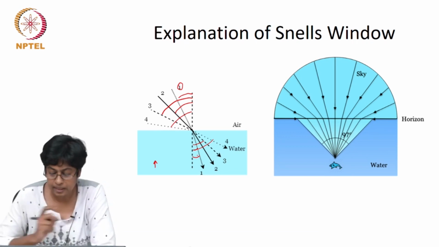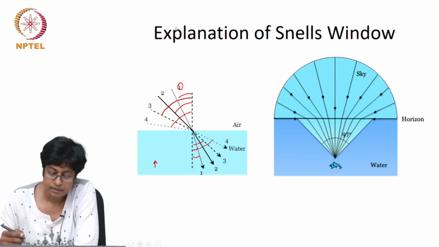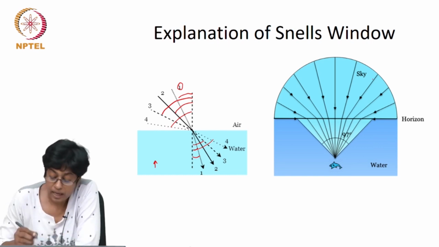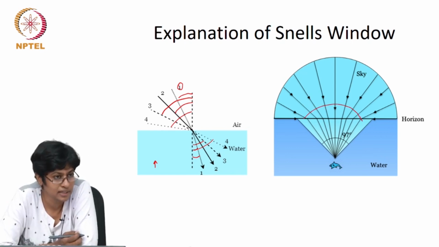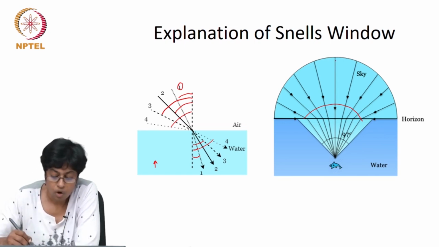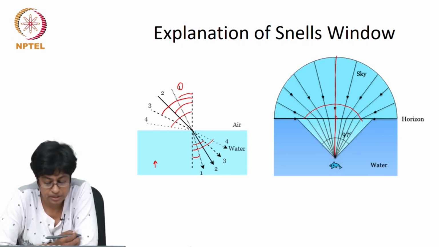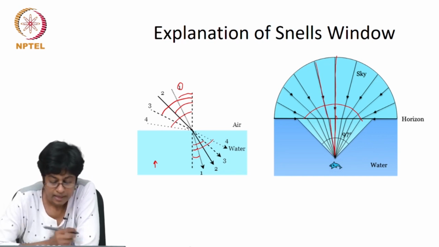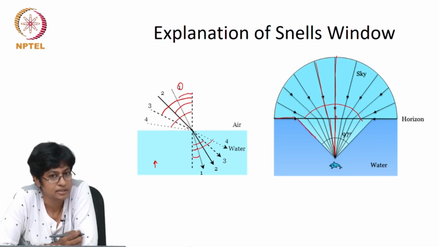Now, what happens in this air-water case? These are all the rays coming in from the sky. So I have rays that come in from the entire 180 degrees. The normal incident ray carries on with no deviation. This ray deviates slightly. This ray deviates and comes in at this angle.